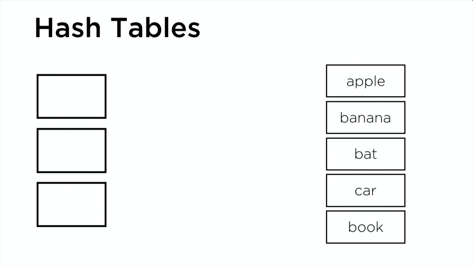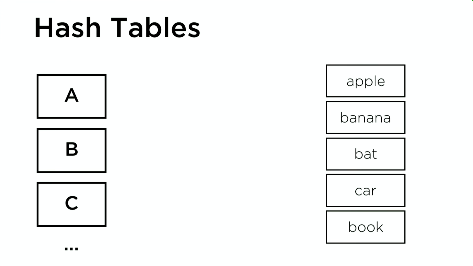Here, for example, I have 5 words that I would like to store inside of my hash table: apple, banana, bat, car, and book. And I could take all of these words and just put them in a single linked list. But then I'd have a pretty long linked list of 5 words that I would have to traverse if I wanted to find whether any one particular word was inside of my data structure. Instead, I can put them into a hash table, creating several buckets, so to speak.